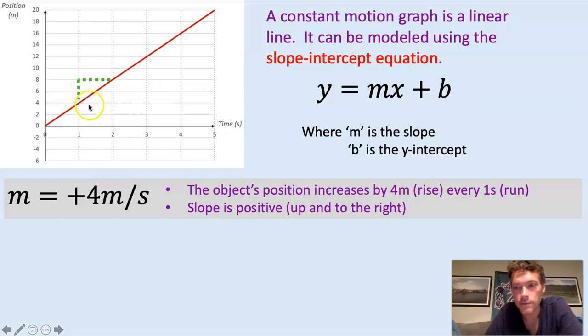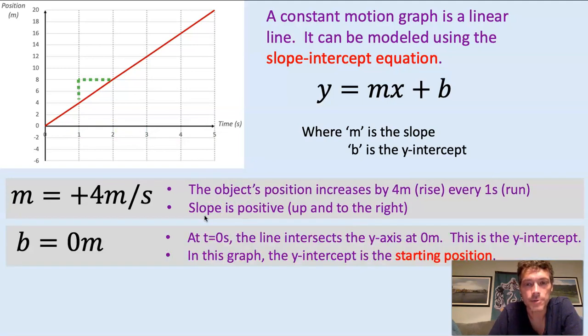One thing to avoid is you might say, oh, well, I only rose 2 because I rose 2 blocks. But if you look at the scale of the graph, it's going up by 2s. So if you go from 4 to 8, you've actually had a rise of 4 meters and a run of, in this scale, 1 second. And the slope is positive. It's going up and to the right, so it's a positive 4 meters per second.